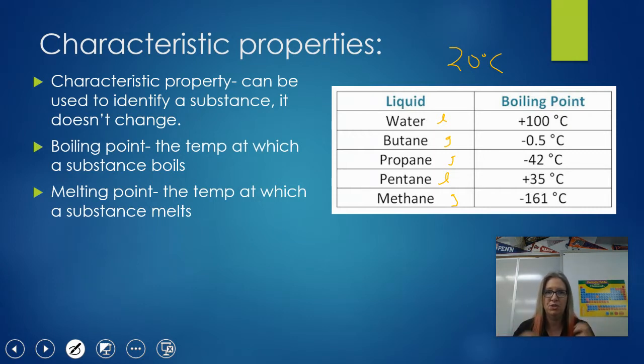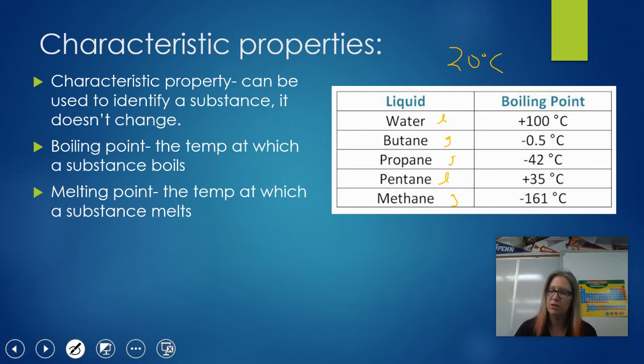If room temperature is higher than its boiling point, it's going to be a gas. But if room temperature is right in between that boiling and melting point, it's going to be a liquid. If room temperature is below that melting point, that means it hasn't melted yet. That means it's going to be a solid, okay?